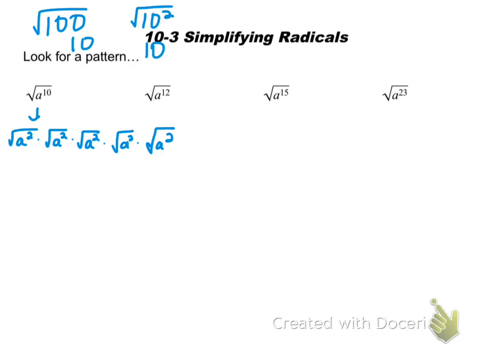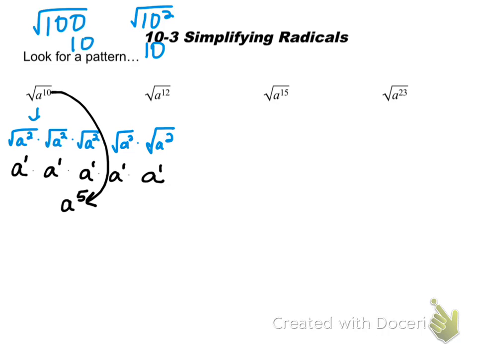When I find the square root of something squared, it's just that base number. So in here, it's just going to be a. So I have a times a times a times a times a, or a times itself 5 times, which looks like a to the 5th. So all I did was take this exponent and divide it by 2, and you get your exponent here.